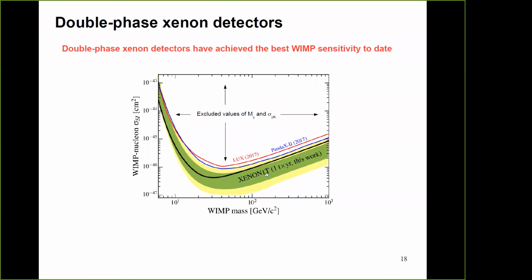What is below cannot be excluded because we have not taken data for more time and because we start to observe some background, so we cannot exclude more rare events. And on the horizontal scale, we cannot go lower because of the energy threshold of our detectors. So we exclude the top part.